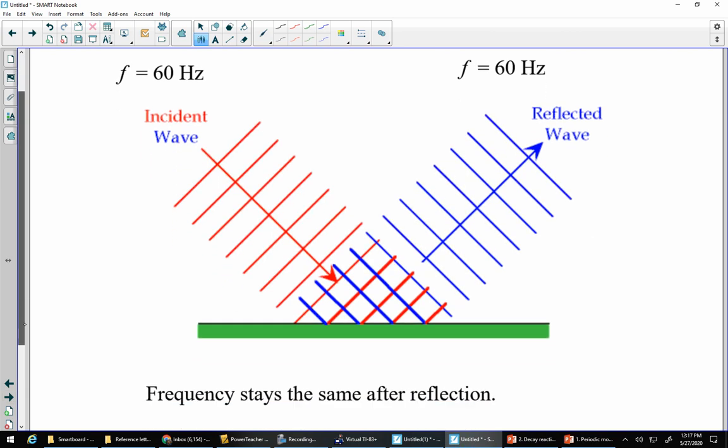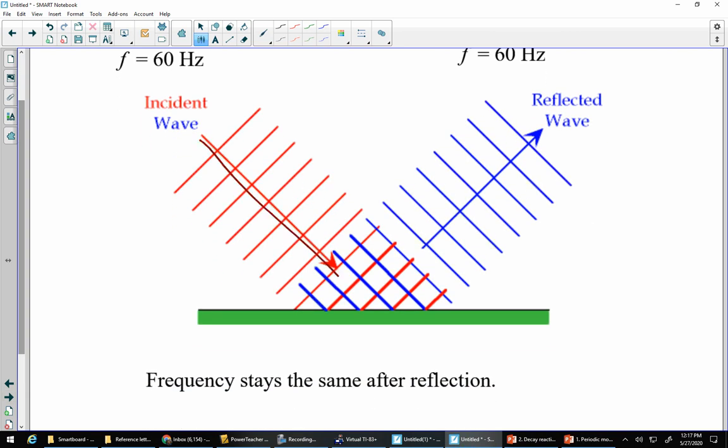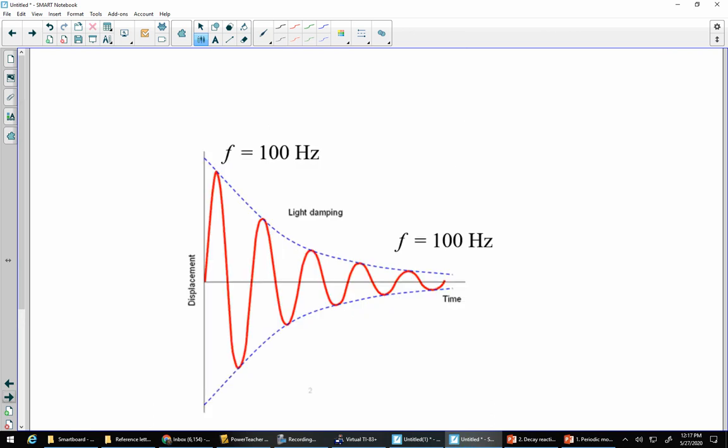So again, reflection: when a wave comes in and bounces off, frequency stays the same. Hertz, or Hz, is our unit for frequency, and 1 hertz means 1 cycle per second, 2 hertz means 2 cycles per second, and so on. So it's the number of cycles per second.